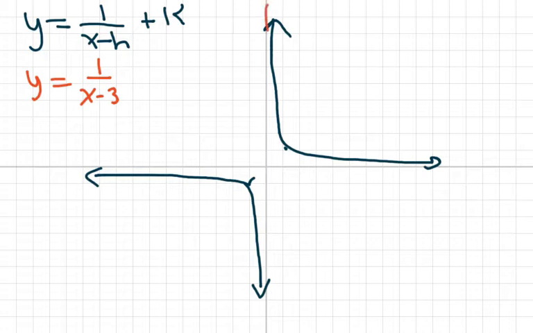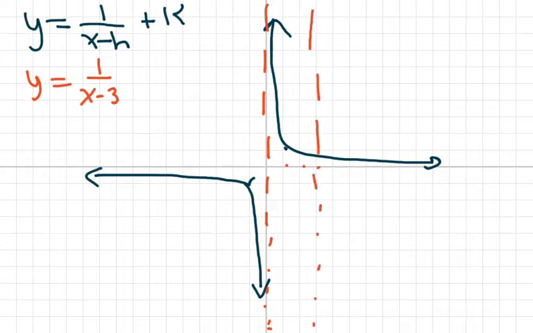Now recall that a shift over by 3 means we're shifting the vertical asymptote over by 3. So we're shifting that over by 3. And then I just kind of go from here and graph my function.